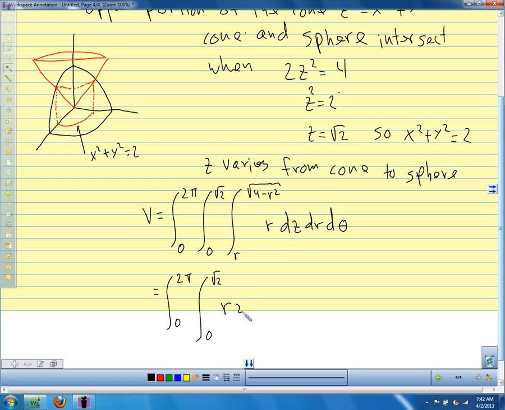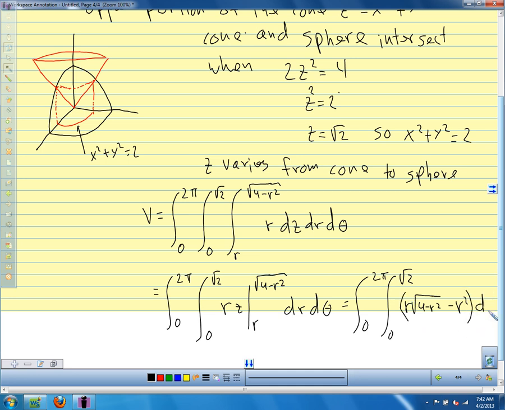So we have r times z from r to square root of 4 minus r squared, dr d theta. This becomes the integral from 0 to 2 pi, 0 to square root of 2, of r square root of 4 minus r squared, dr d theta.